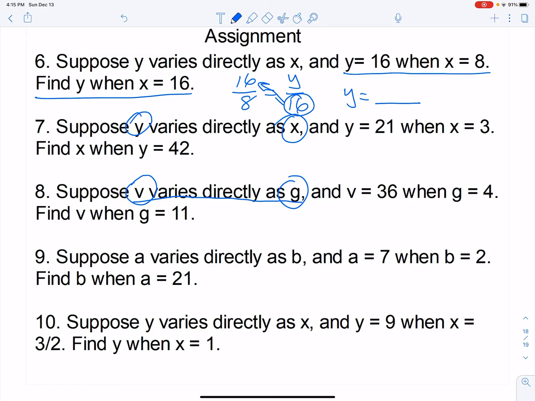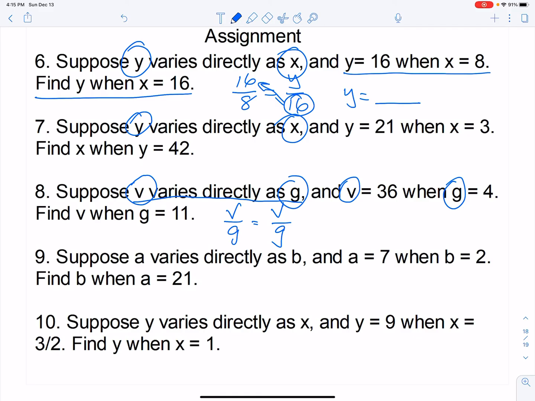So since we've been doing y over x, where y is the first letter and x is the second letter, you could do the same thing with this one. V is the same thing as our y, and g is the same thing as our x. So you would set this up as v over g is equal to v over g. Same kind of thing, okay?